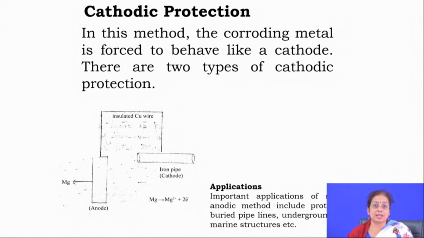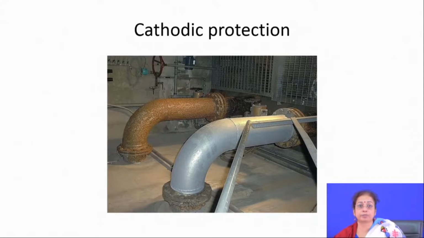It may be general corrosion, pitting corrosion, stress corrosion cracking, or hydrogen embrittlement. Any kind of corrosion can be taken care of by the cathodic protection process. By this, you make your component the cathode, and indirectly you minimize corrosion and can get rid of the problem to a large extent.